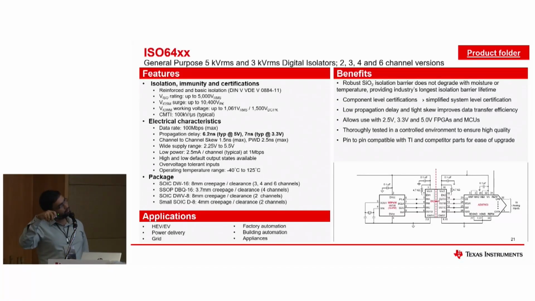A typical application that you see here is isolated SPI transmission over 2 different domains. That's why 3 forward channel, 1 reverse channel is so popular in this kind of application. And everything else is covered.